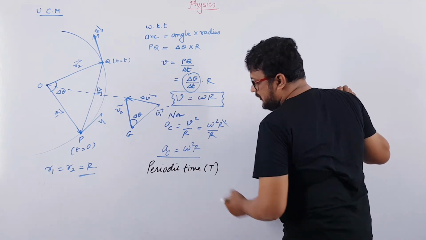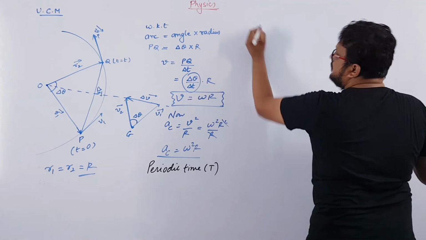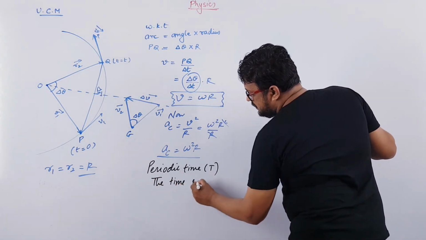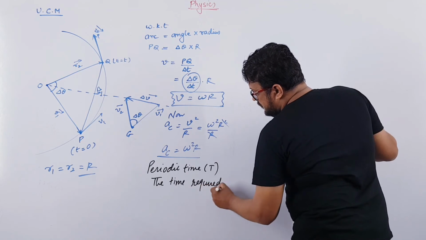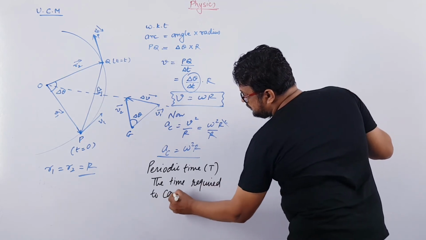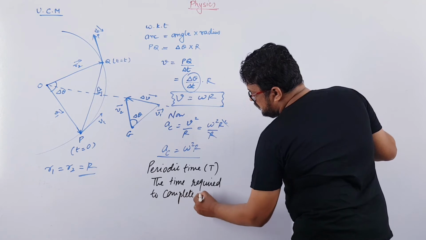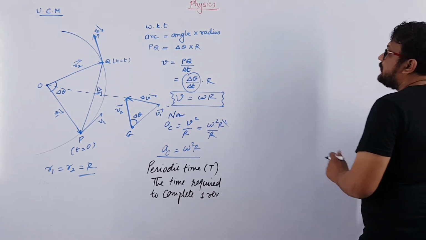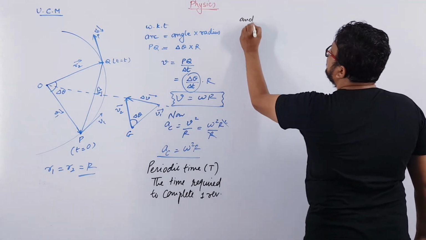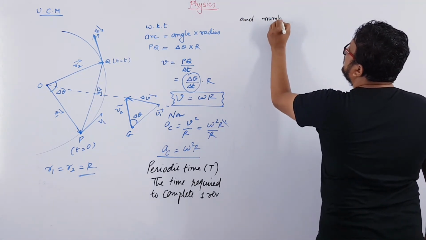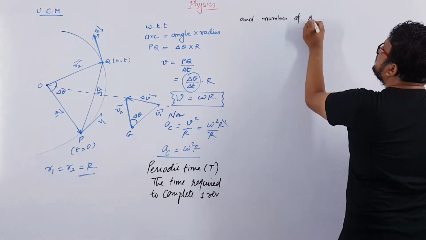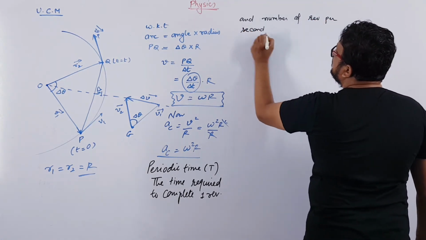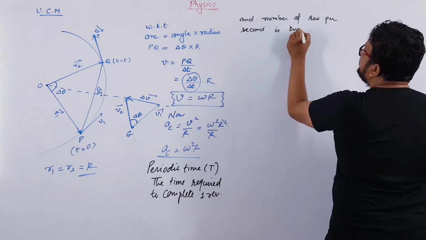Its symbol is capital T. The time required to complete one revolution is known as periodic time T, and the number of revolutions per second is known as frequency.